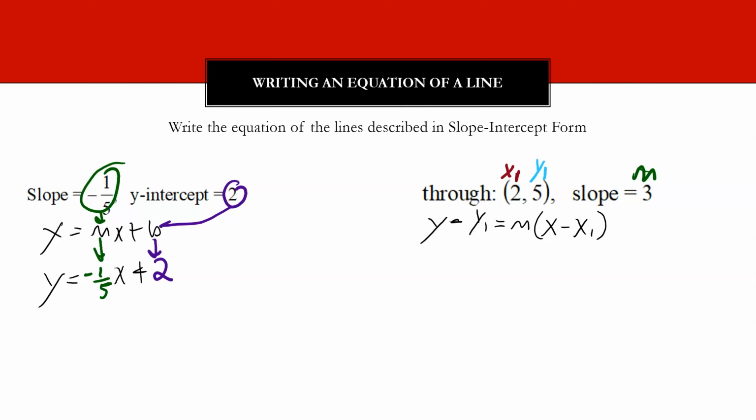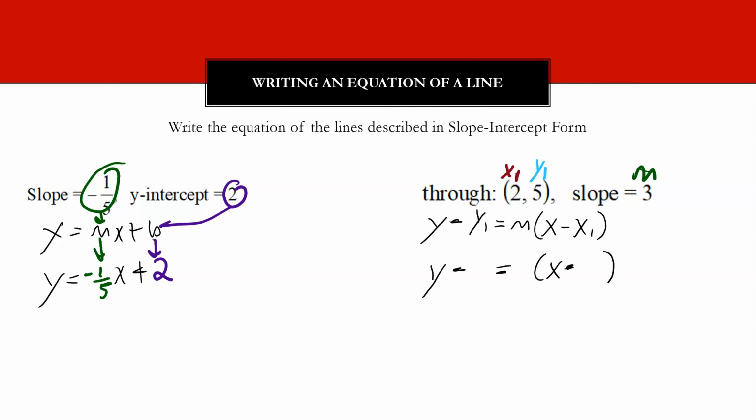When I write point slope form, I always leave in black the y, the minus signs, the equals, and the parentheses, because those are the things that are always part of point slope form. They never change. The y1, the m, and the x1 change depending on the information.